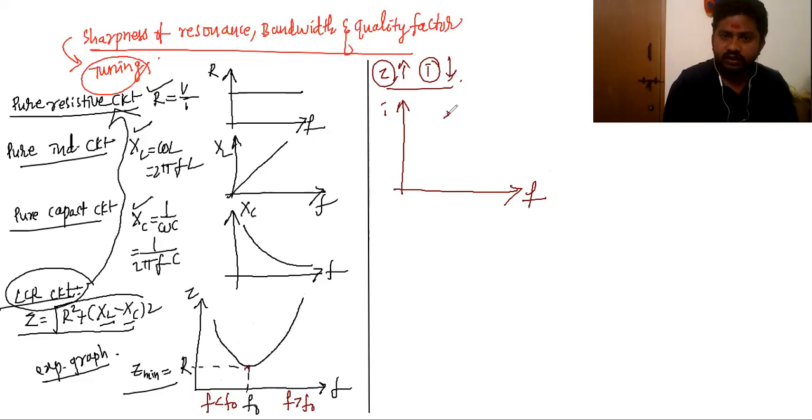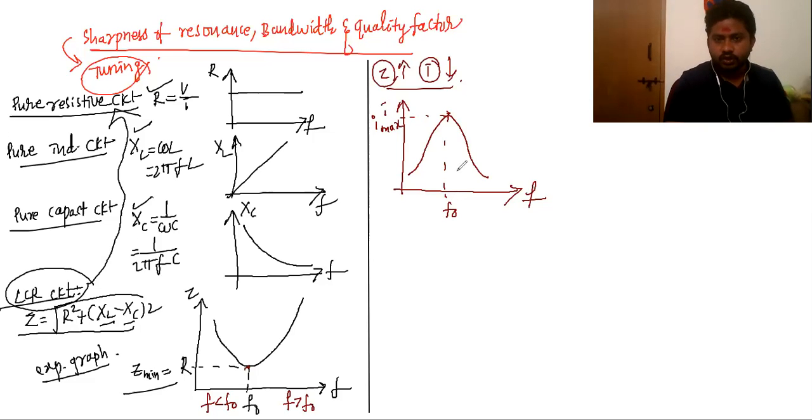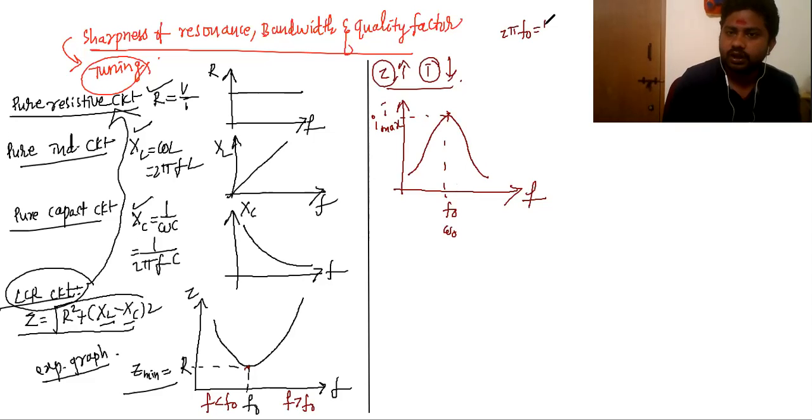So now you can see the graph like this, right? This is current maximum at frequency F naught. I can also write it as omega naught. No confusion, right? Because 2 pi F naught is only omega naught. Anyway, this 2 pi is constant.